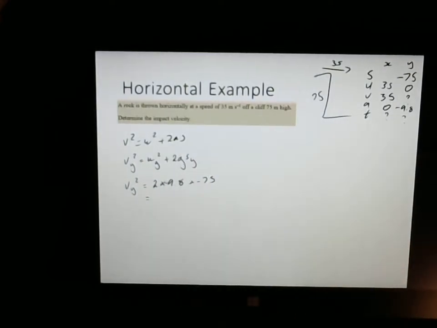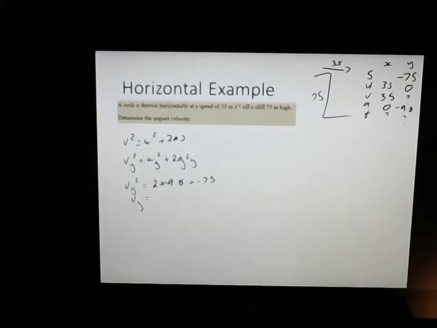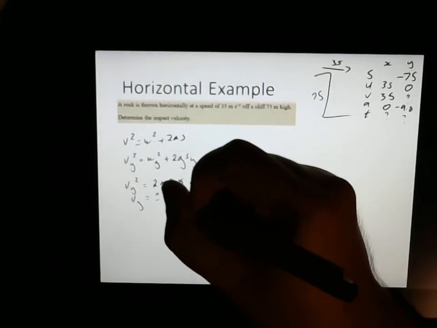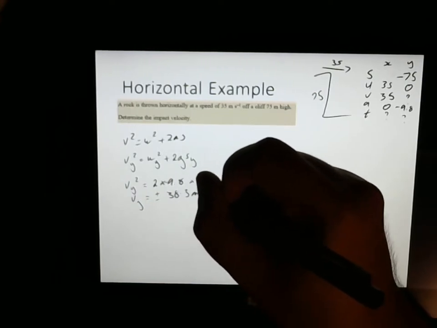Let's work that out. Vy is going to equal 2 times 9.8 times 75, and the negative times the negative cancel, so I'm not going to worry about those. I take the square root of that. Now, something to keep in mind is that square roots have two answers. This is giving me plus or minus 38.3 meters per second.